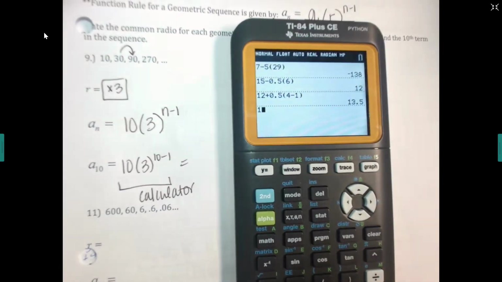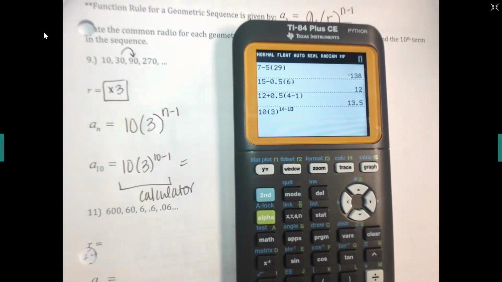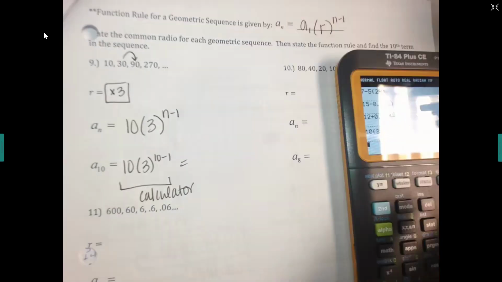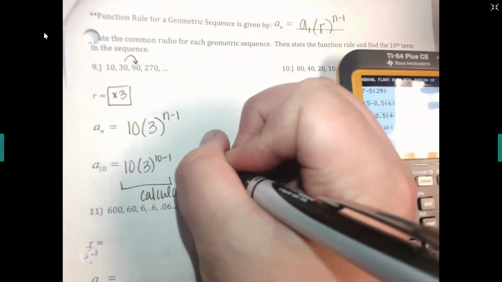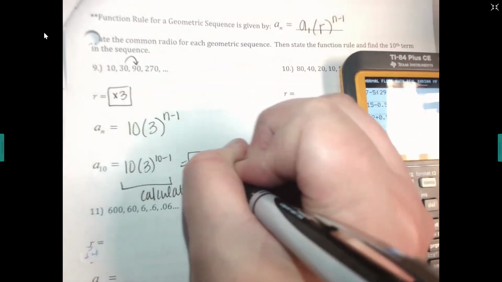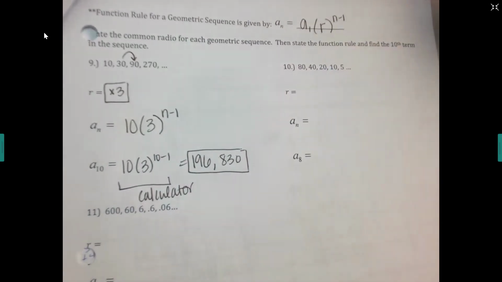So when you type it in, make sure that you do it like we did on the last unit, where you use the little up button to get your 10 minus 1 to be small. So your 10th term would be 196,830. Now, one thing you will notice is that if it's a times pattern, the numbers are going to get bigger a lot quicker. Okay, versus if you're adding or subtracting, they're going to take longer to get unreasonable.